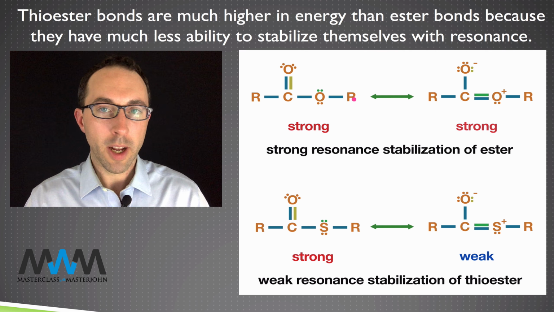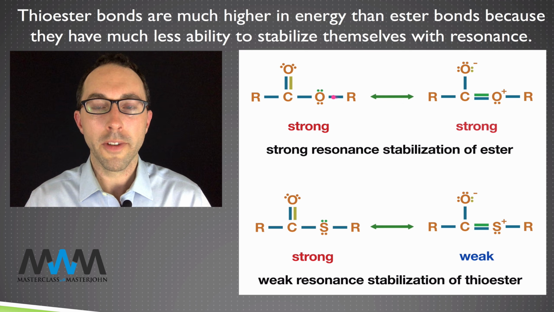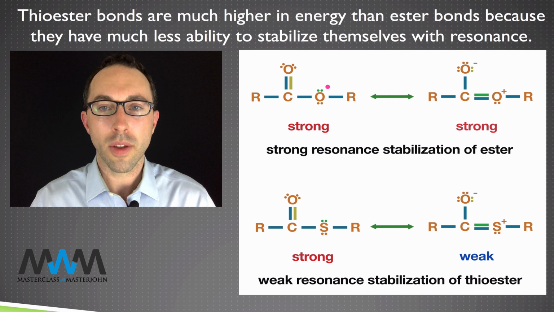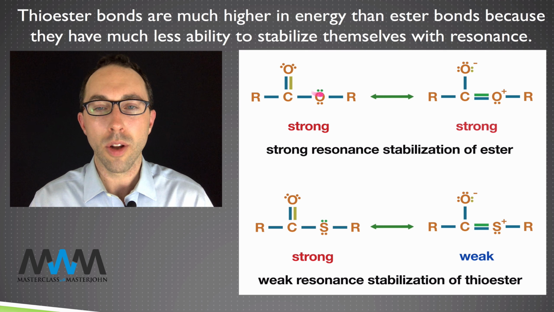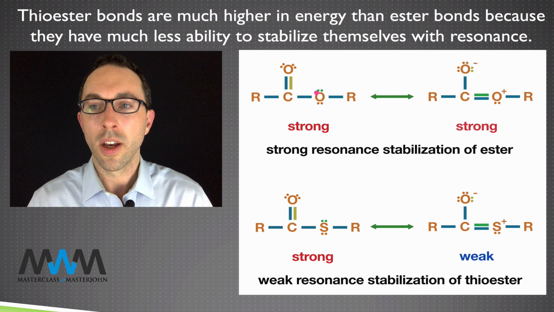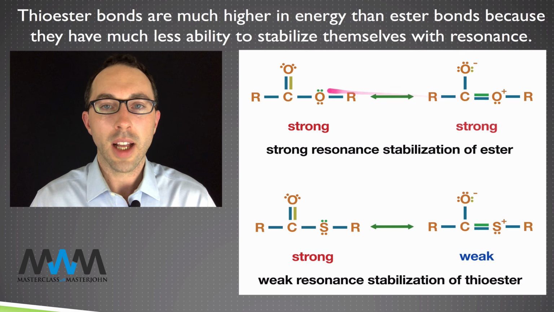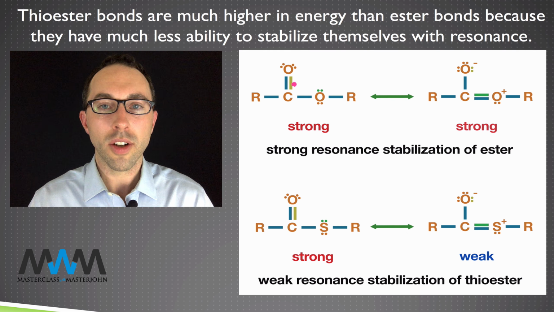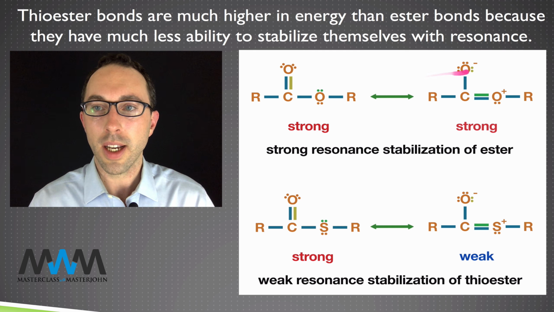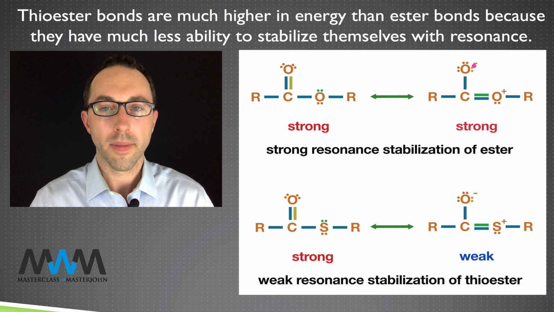To see what's happening more clearly, the electrons that are moving around are color-coded so that on the left, the dark green lone pair on the bottom oxygen corresponds on the right to the dark green bond between the carbon and the bottom oxygen, and the light green bond on the left corresponds to the light green lone pair on the top oxygen on the right.